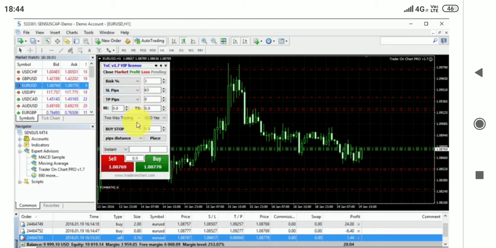The next important thing to know is that this Trader on Chart has 2 modes of trading. By default, it is set to use 2-way trading, but you can also choose 1-way trading. What this will do is close all the trades of the opposite position before opening the new one.